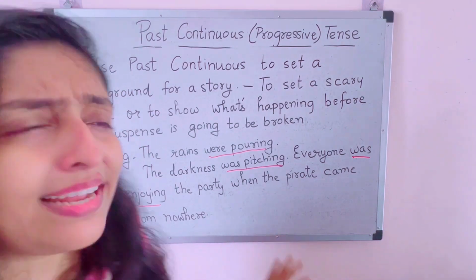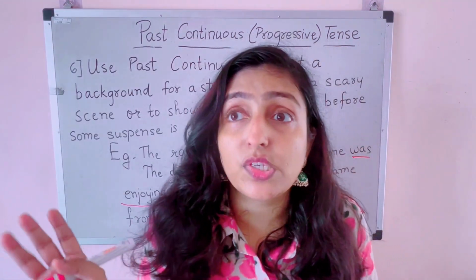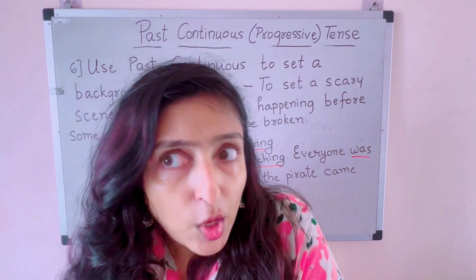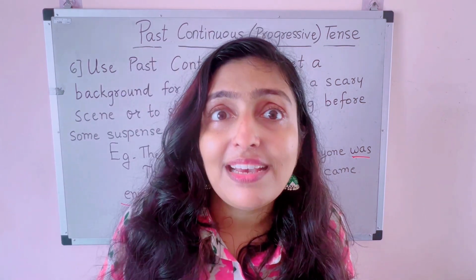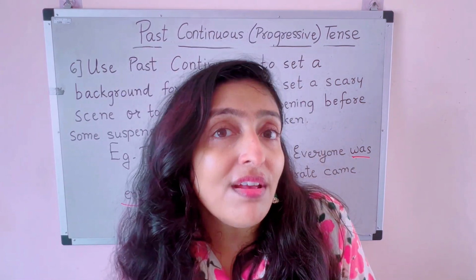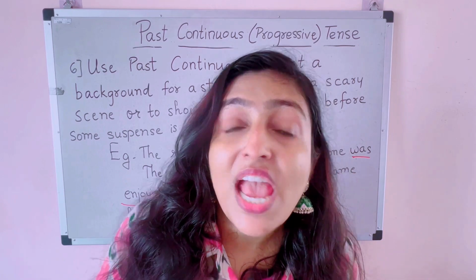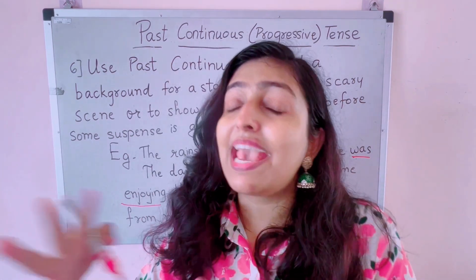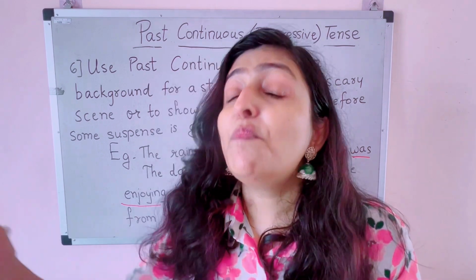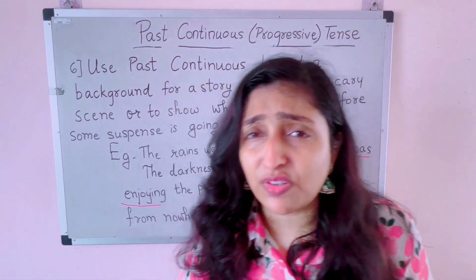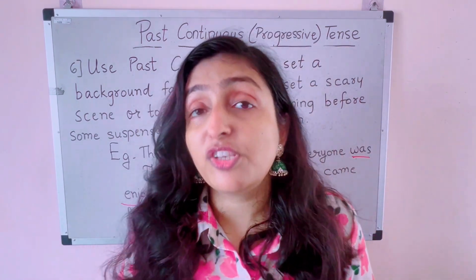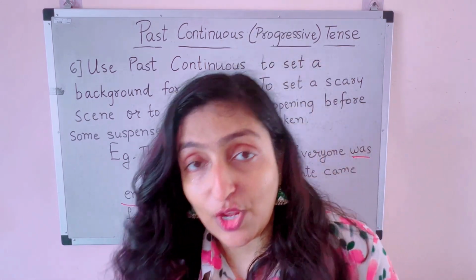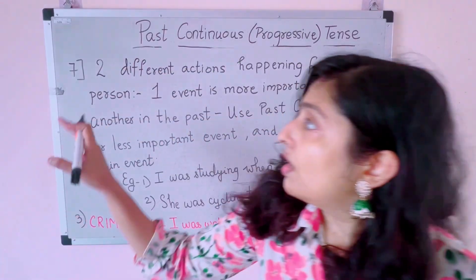Another example is, one day I was waiting for the bus when suddenly a man appeared out of nowhere. He came across me and he started asking me questions. So for all such scary things as a background, as an ambience setting for a story, we use past continuous tense.